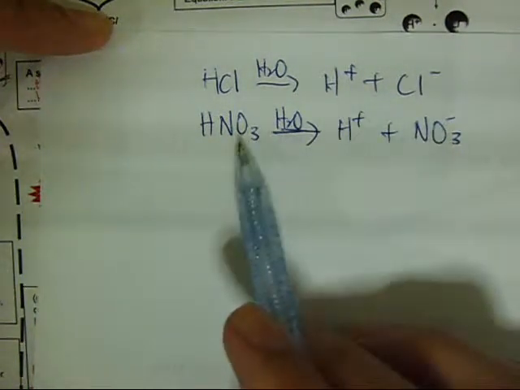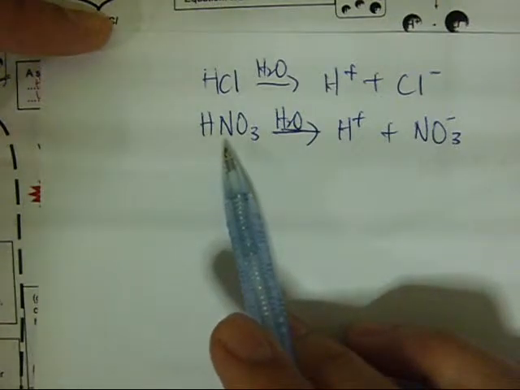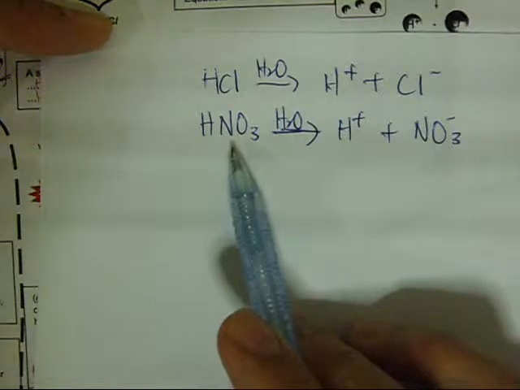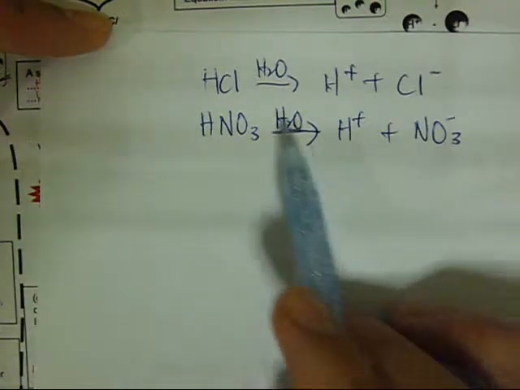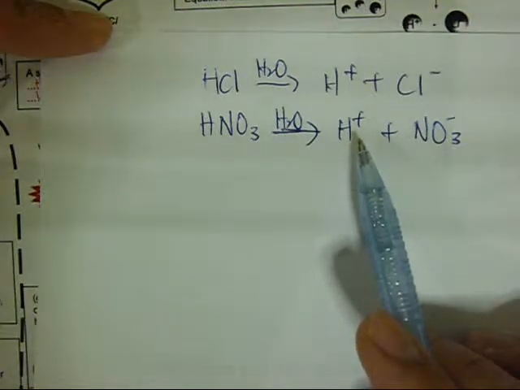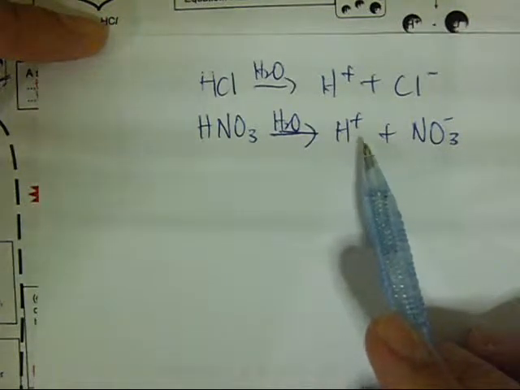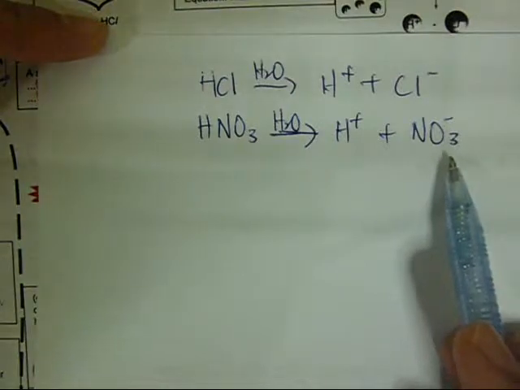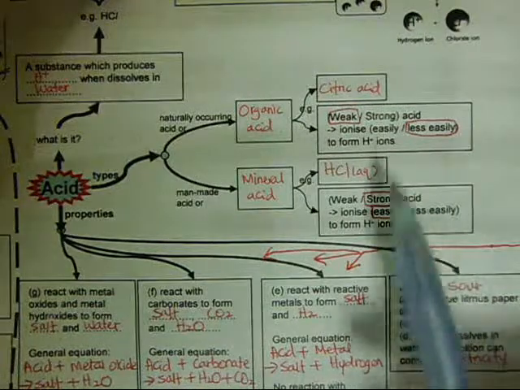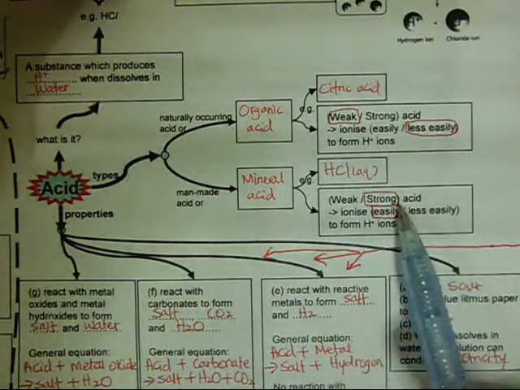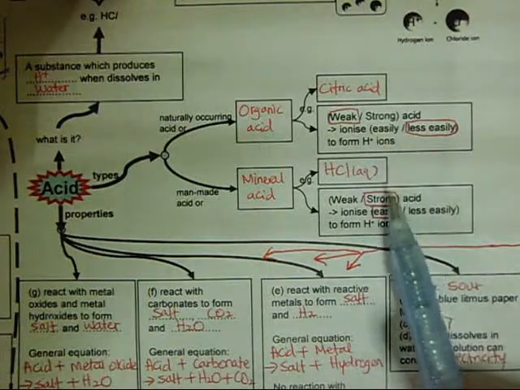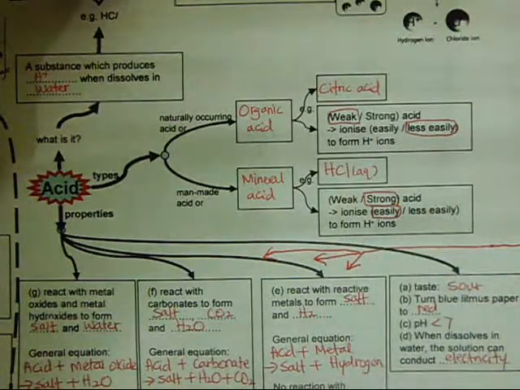Likewise, nitric acid is also a strong acid, because when nitric acid dissolves in water, almost all of the nitric acid molecules split up or dissociate to become H+ and nitrate ion. A very important distinction between weak acid and strong acid. What do you mean by weak acid? The definition is here. What do you mean by strong acid? The definition is here.